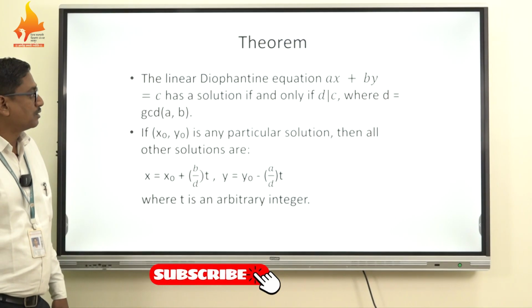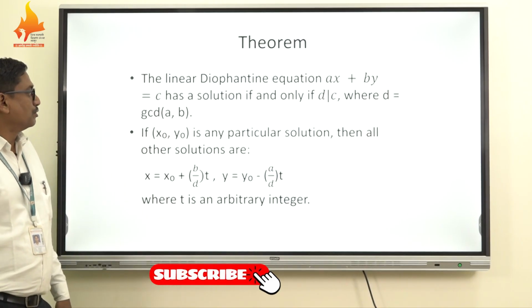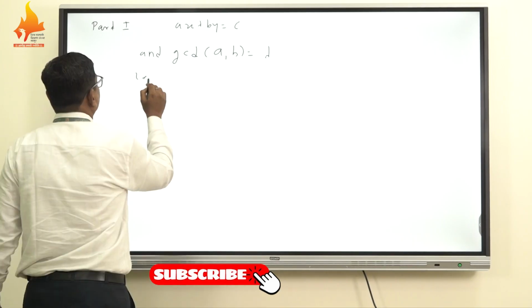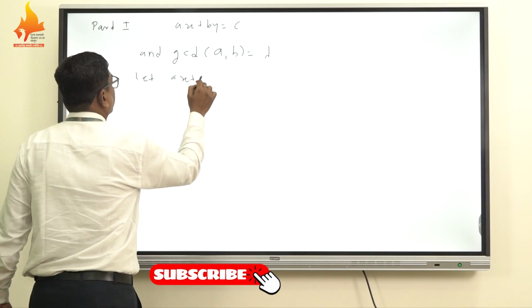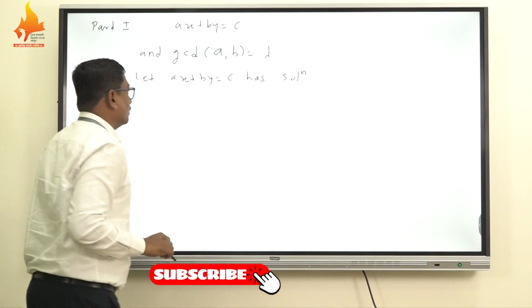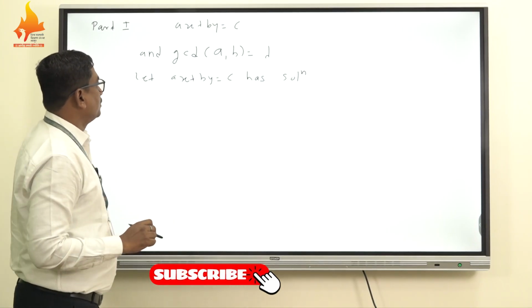So we have to assume that the Diophantine equation has a solution. If it has a solution, then prove that d divides c. Okay, so let ax plus by equals c have a solution, and we want to prove that d divides c.